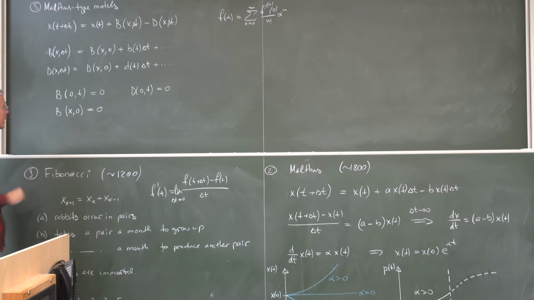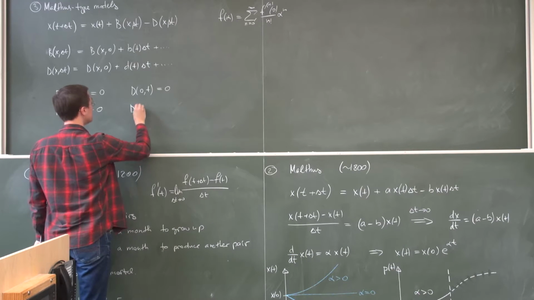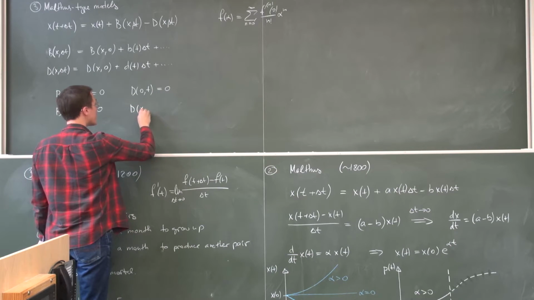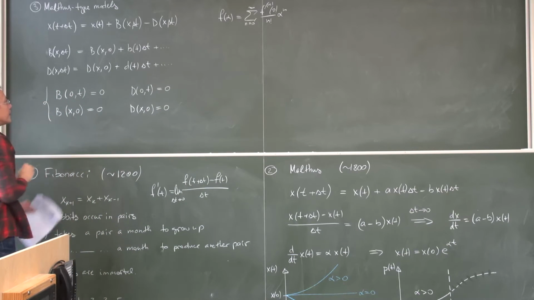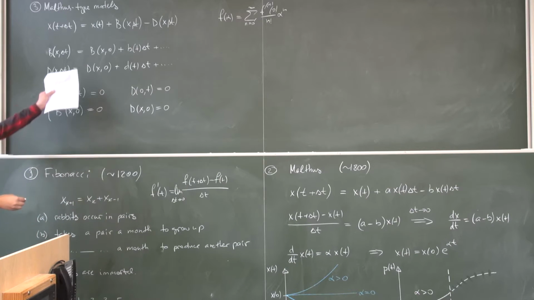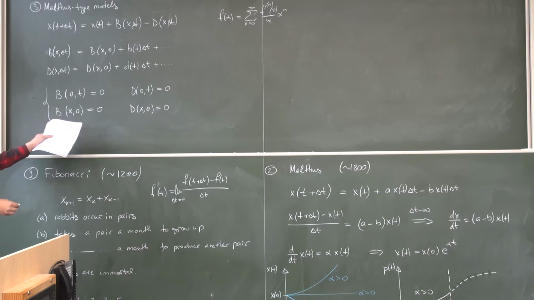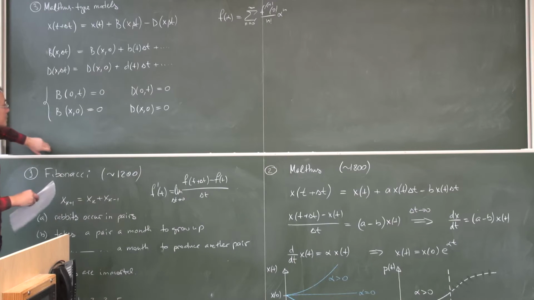So the birth count at a 0 time increment must likewise be 0. It's the same for death count. If it has no time to die, nobody died. So there's quite a lot of additional information. Most notably, our b of x, 0 is going to be 0 and d of x, 0 is going to be 0, and so we can simplify the expressions.